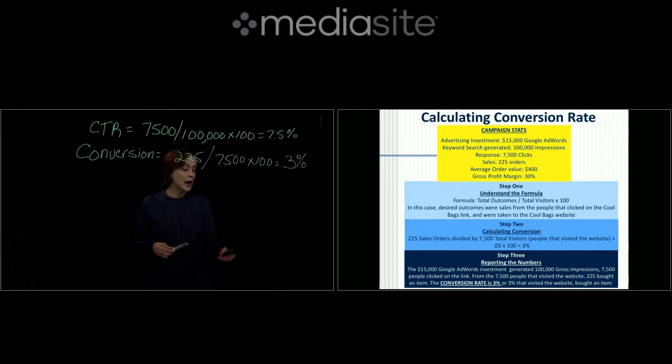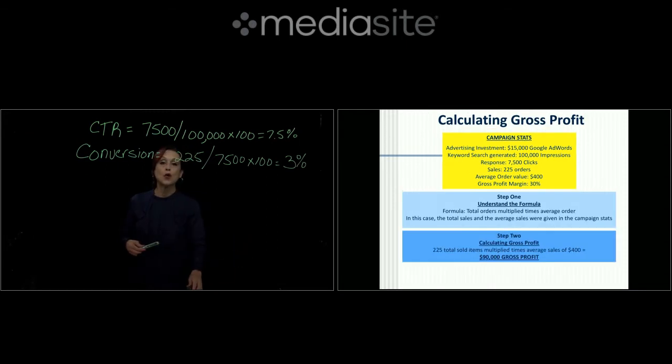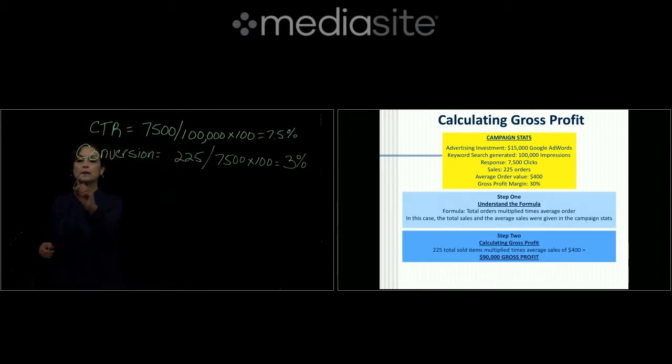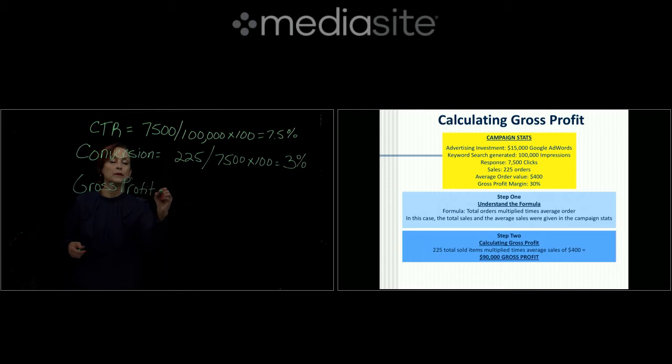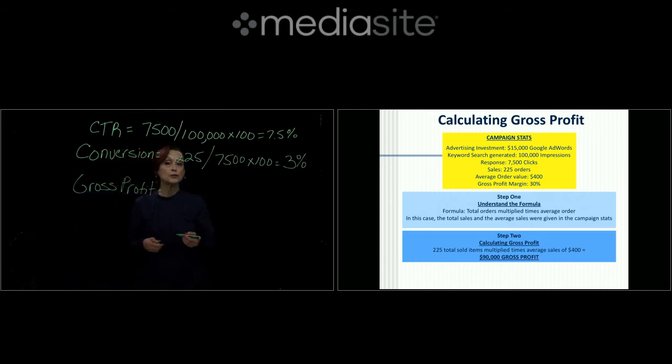So now let's calculate gross profit. For the gross profit, remember that we had 225 orders, and obviously the client has to give you some information, because if you're the agency or the marketer, the marketing agency, you do not know certain information about the client.